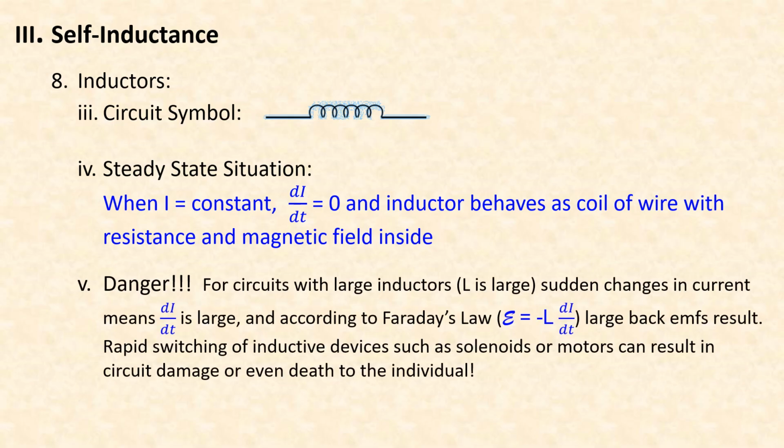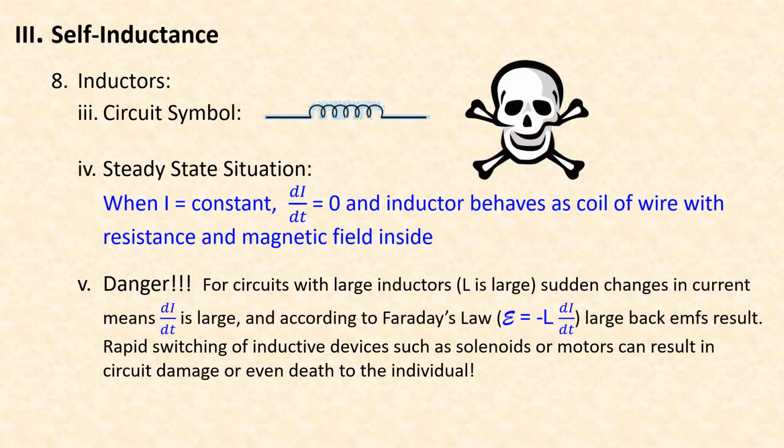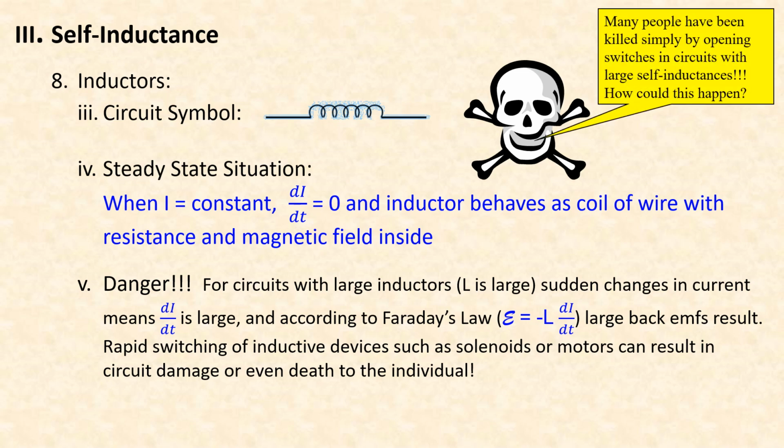So we should point out that inductors can be dangerous. For circuits with large inductors, that is with large values of self-inductance, a sudden change in current could mean that di dt, the rate of change of current, is large, and according to Faraday's law, take a large rate of change of current and multiply that by a large value of self-inductance, and you end up getting a very large back EMF being generated.